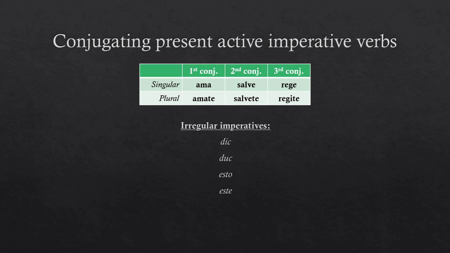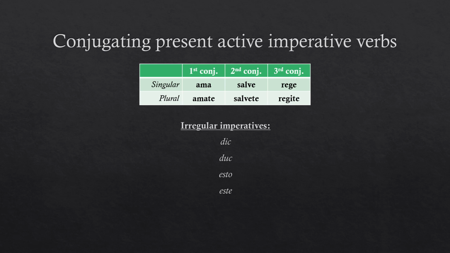In the plural, you follow roughly the same procedure. You take your second principal part, remove the final re, and add the ending te. In the third conjugation, however, you'll notice that the thematic vowel, the short e in the second principal part, turns into an i, just like it does in the present active indicative.